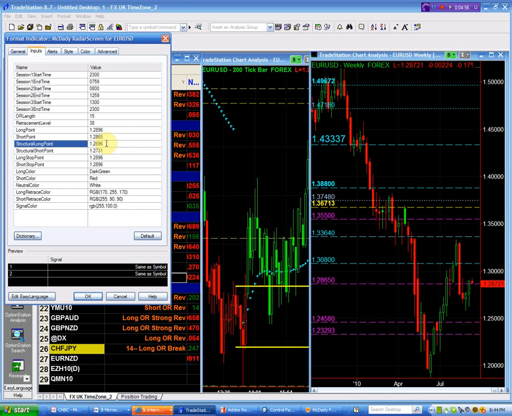Okay, I'm using this. 1.3080, and the structure short.